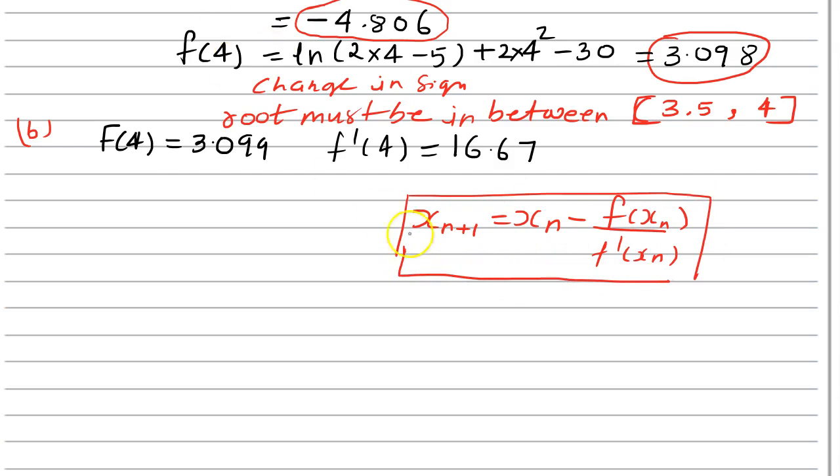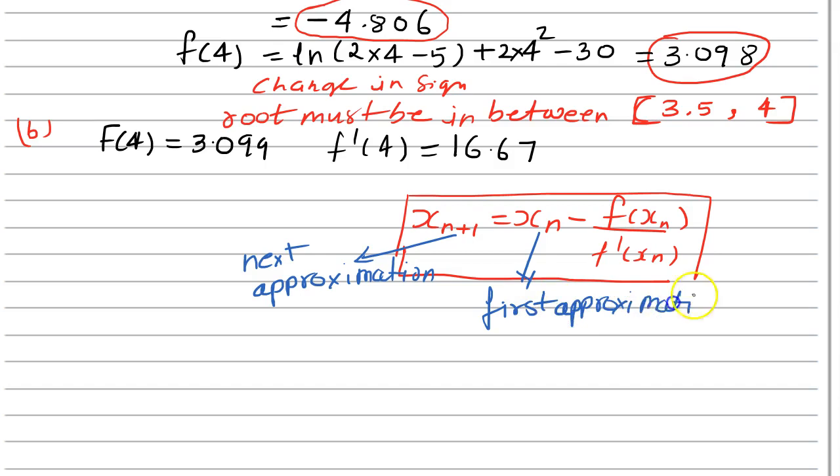Here n plus 1 is the next approximation, and xn is the first approximation. This is f(xn) and this is f dash(xn). This is what we are going to use.